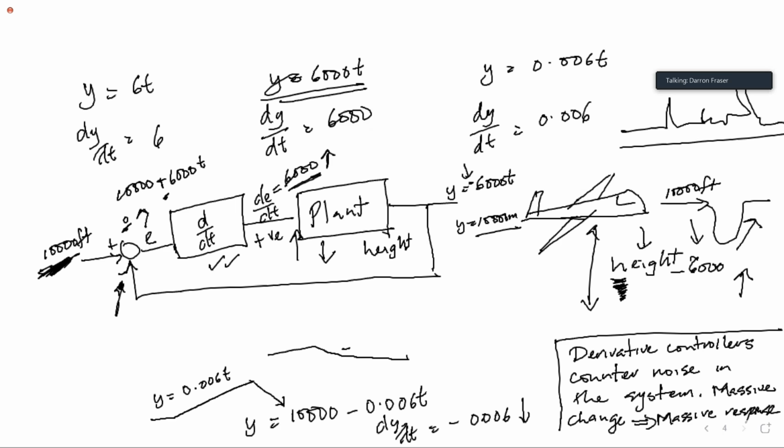Empirically means that over time, through experimentation, we have come up with these values. So it's not analytical, it's empirically done, experimentally done.